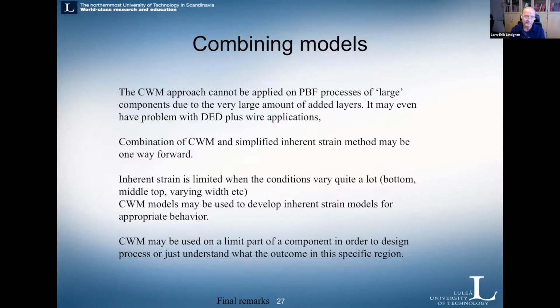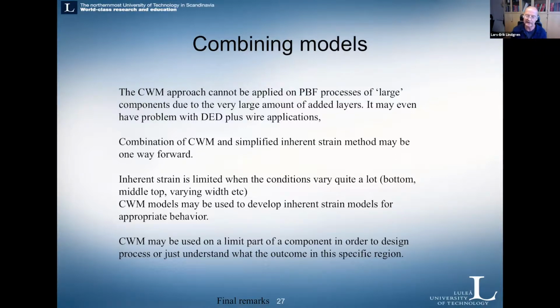So I think there is at least an interest that you can use this kind of more detailed model to develop the material description for inherent strain models, because typically you look at the wall and you do a test. And you don't care whether it's a bottom or top layer, but they experience different temperature histories and have different properties.